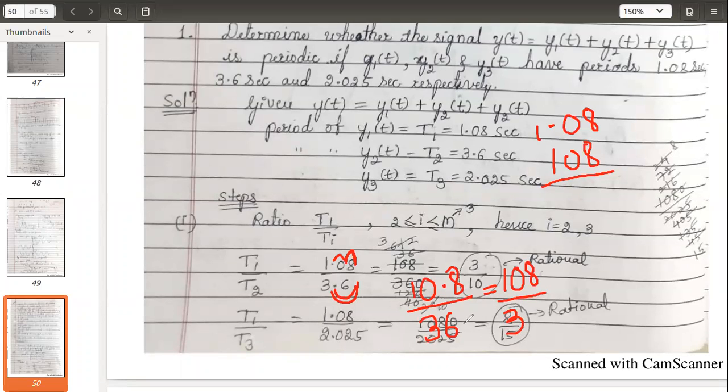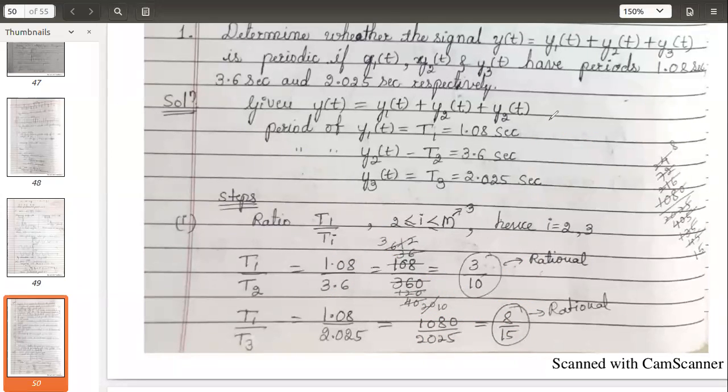It is something like 36.0, so move one more and it will become 360. Move it an equal amount because you have to remove the decimal point. That's why in the numerator 1.08 has become 108 and 36 has become 360, moving the decimal point twice to the right side.